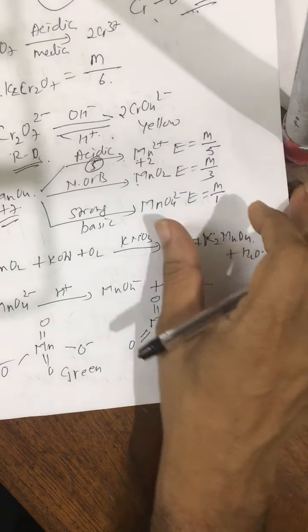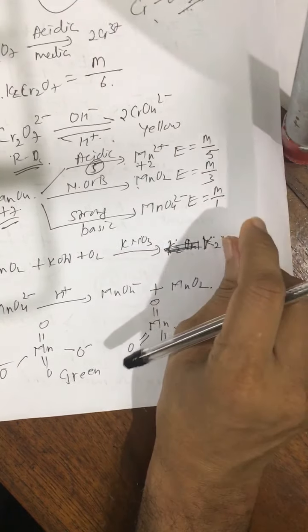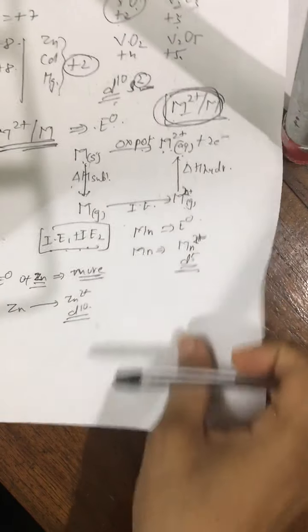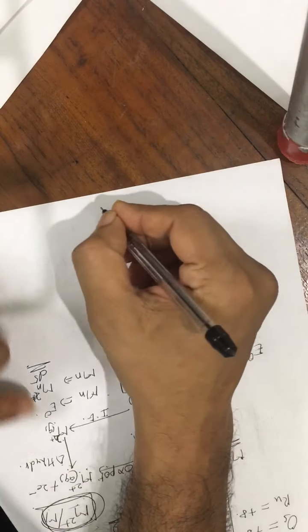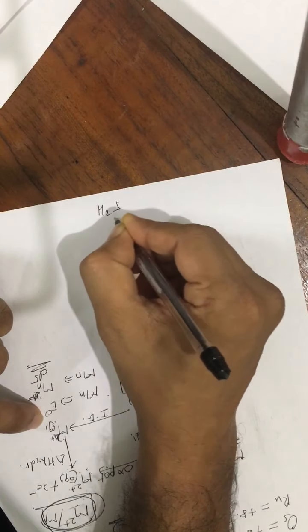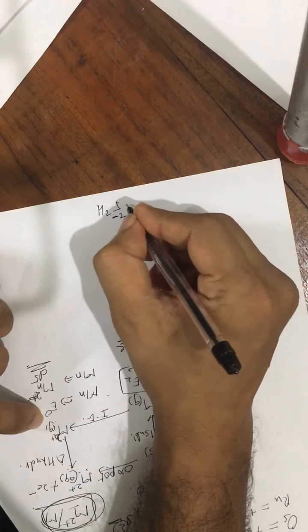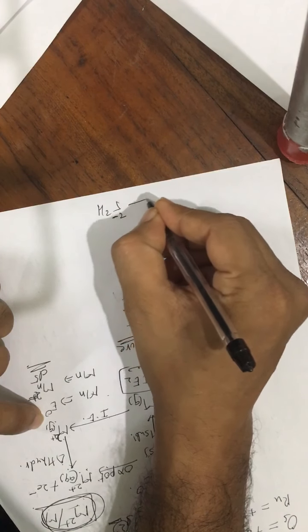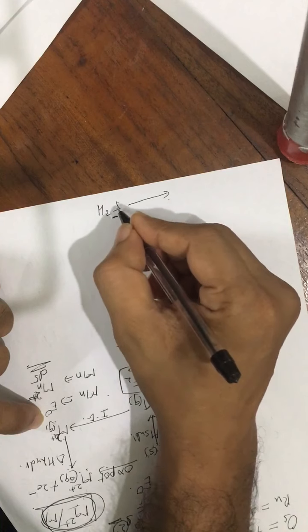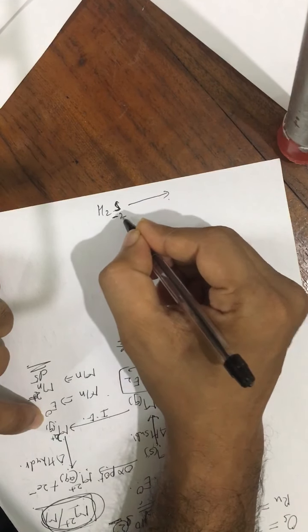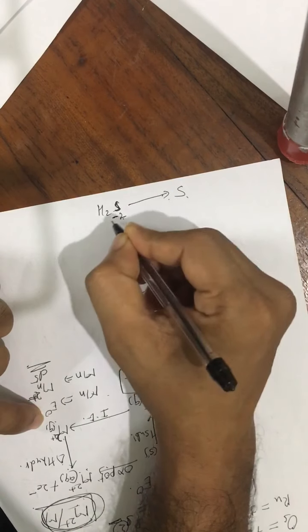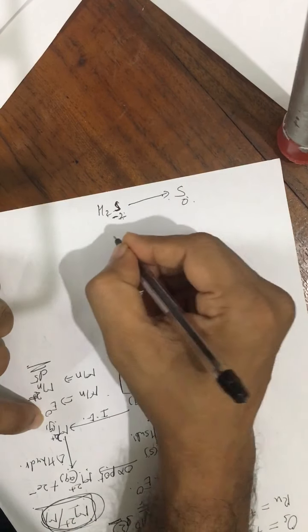All right, and as far as their chemical properties are concerned, see, normal properties like H2S, where sulfur is in the -2 state. Normally, whether you use KMnO4 or K2Cr2O7, the central atom changes its oxidation state to the next higher oxidation state, meaning H2S is oxidized to sulfur.